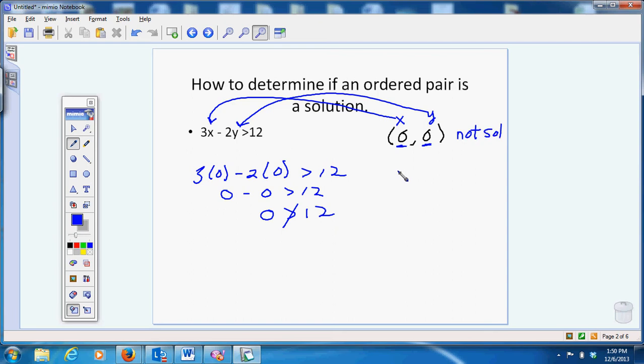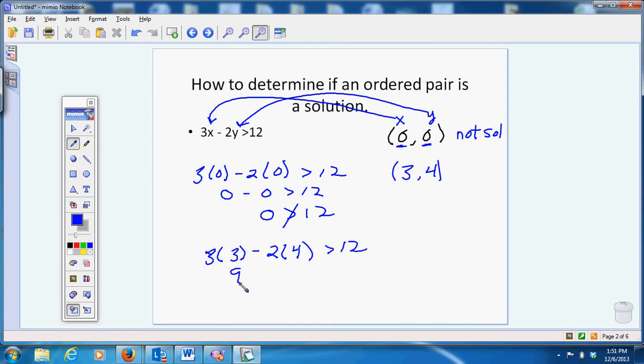Therefore, this is not a solution. Let's pick a different ordered pair. Let's say, I don't know, 3, 4. And we could do the same thing. Plug in the x for x and the y for y. 3 times x, which is 3, minus 2 times y, which is 4, greater than 12.